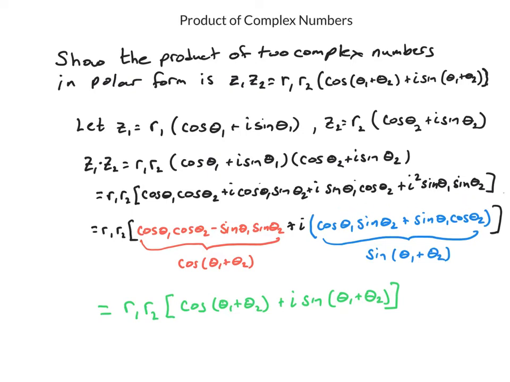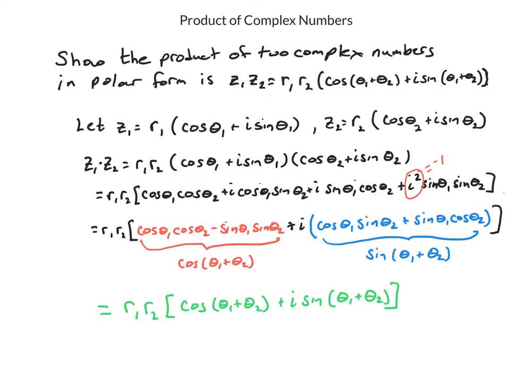Now remember that the i squared right here is equal to -1. Because of that, and when I start moving things around, this whole expression can be thought of as r1 times r2 times the cosine of theta 1 times the cosine of theta 2 minus, from over here, sine of theta 1 sine of theta 2, plus the i's.